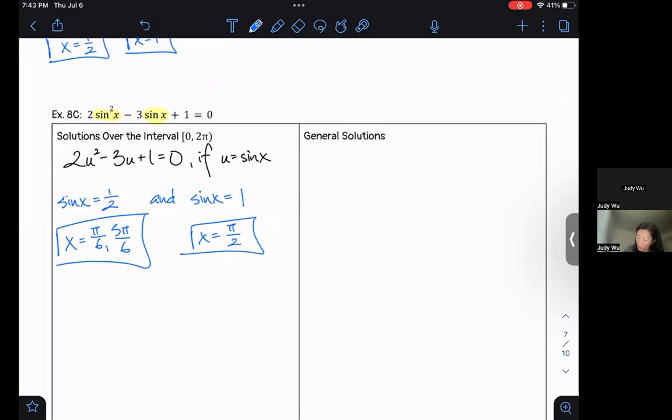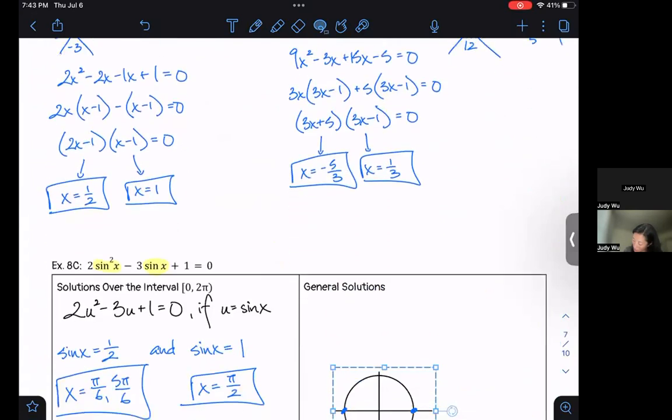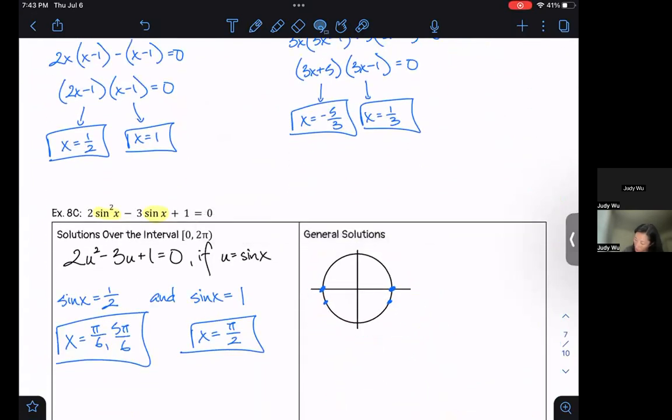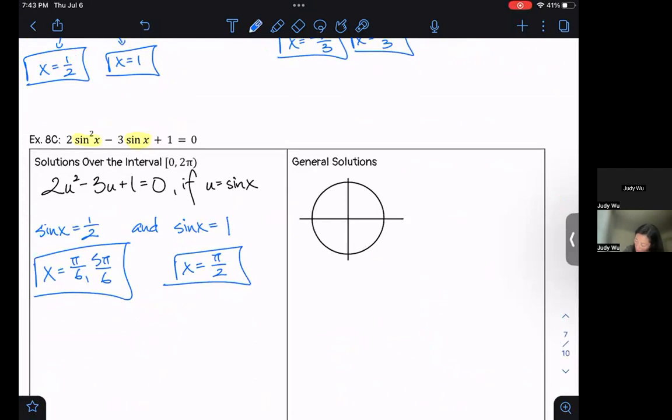Now, general solution time. Let's go back up, and I'm going to grab this unit circle and bring it back down here. Let's draw our solutions. So I've got pi over 6 and 5 pi over 6. Those are not halfway around the unit circle from each other, so I am going to have to write them as separate solutions.